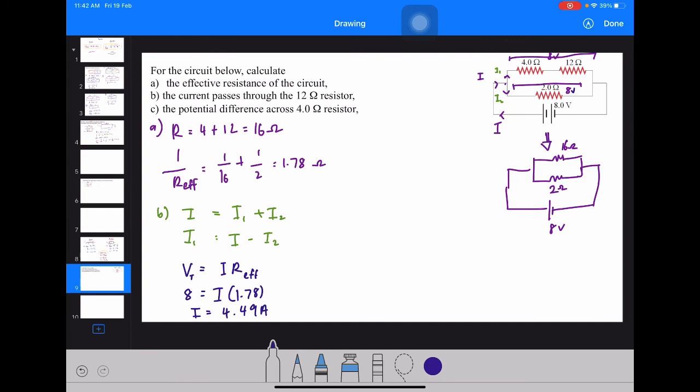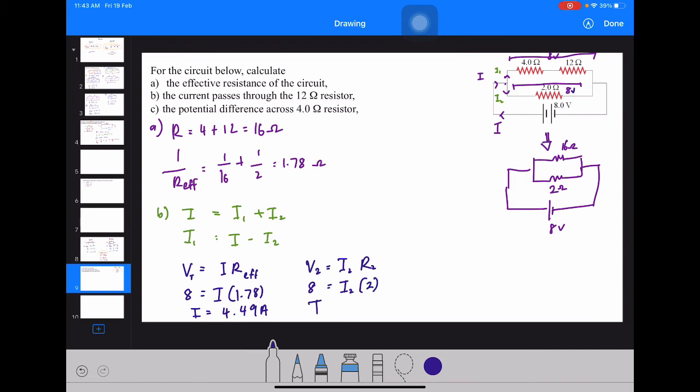And then I can find my I2 using V2 equals to I2 and R2. My V2 is still 8 because this one is parallel. Everything is the same. V2 is the same as the terminal voltage. I2 is the thing that I want to find. R2 is equals to 2.